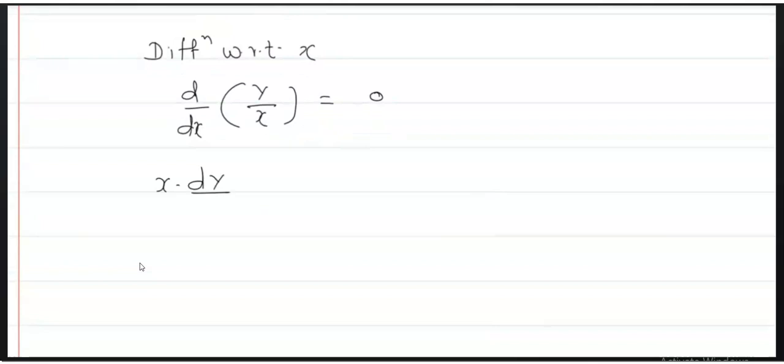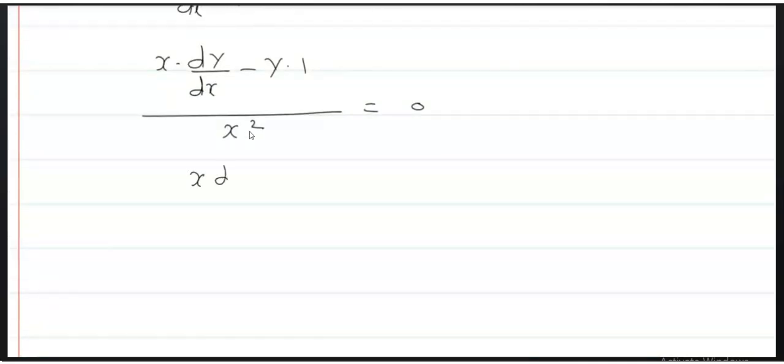That is d/dx of y upon x, that is x into dy by dx minus y into 1, upon x square. Therefore x into dy by dx minus y is equal to 0.